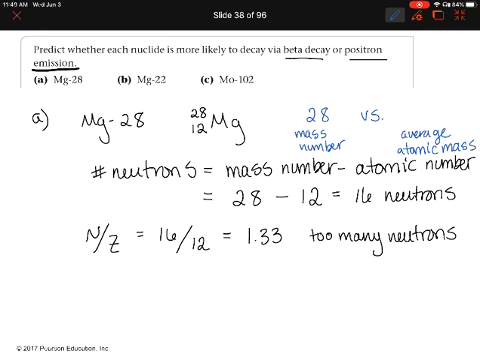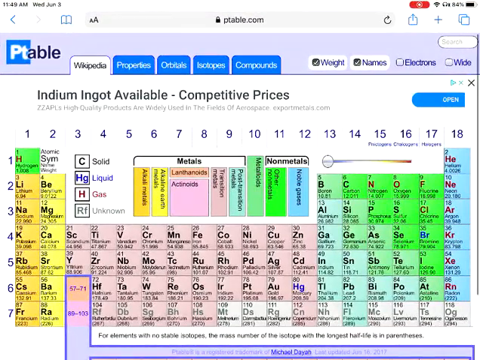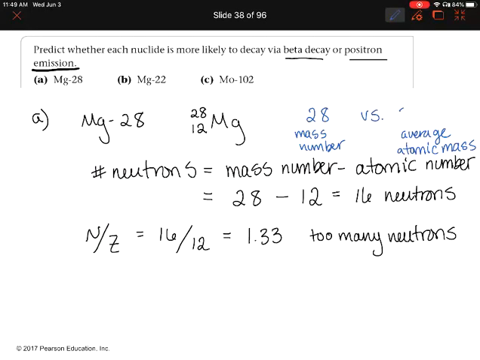Now that's just what's listed on the periodic table. So let's go back and look at the mass of magnesium. So that is 24.305. Okay, so if we compare those two masses, we can see that the mass number for this isotope is just way too high. So that means we have too many neutrons.